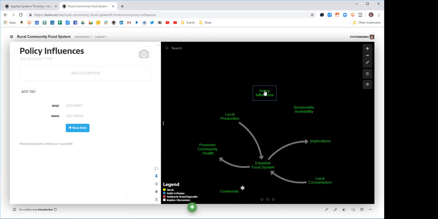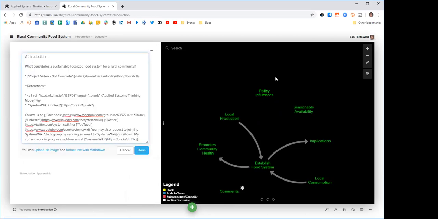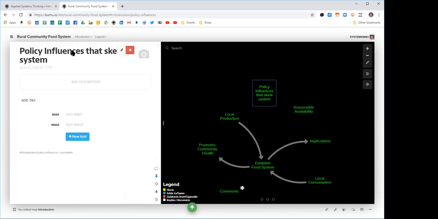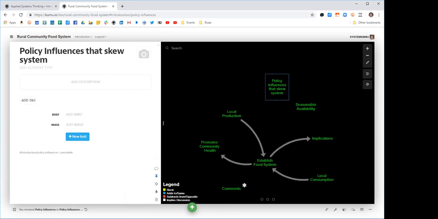Sure. So Katie, you're talking about negative policy influences? Well, policy influences that skew the system in favor of the largest entities in the system. So positive and negative is a value judgment. So I think it skews away from local food systems and toward larger scale entities that are hooked into the global economy.